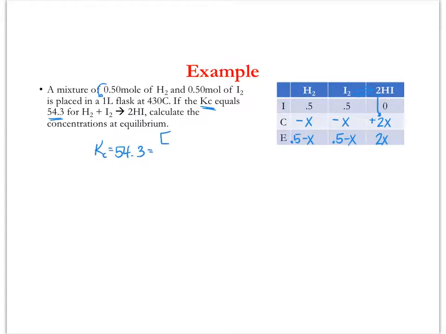And our equilibrium expression will be HI quantity squared over H2 I2. So (2x) quantity squared over (0.5 minus x) quantity squared, and that's equal to 54.3.